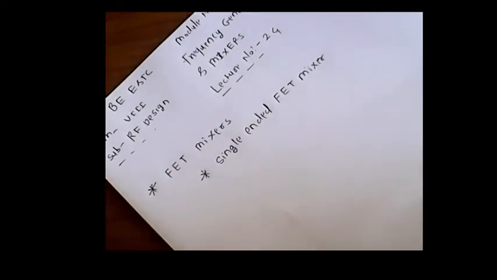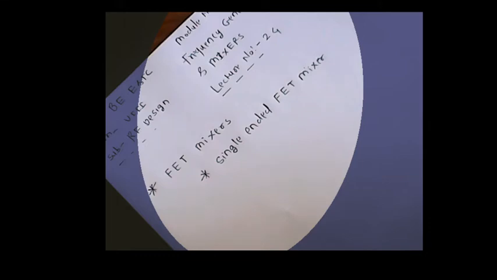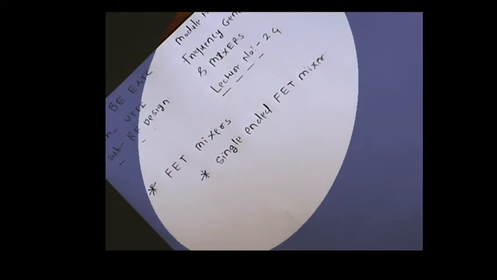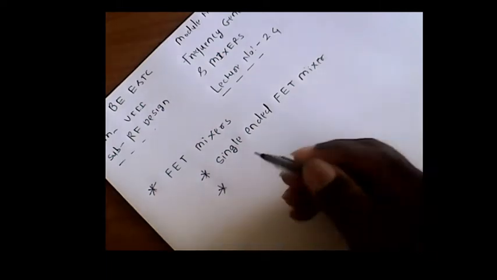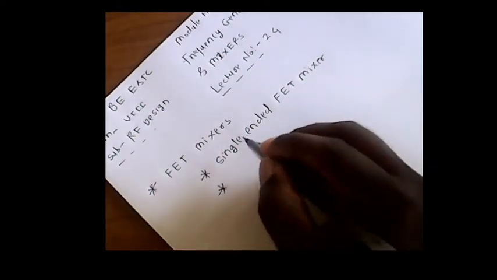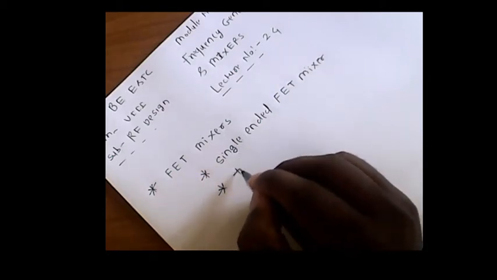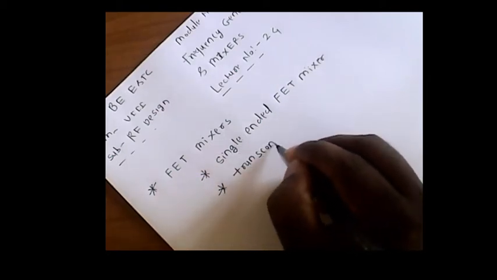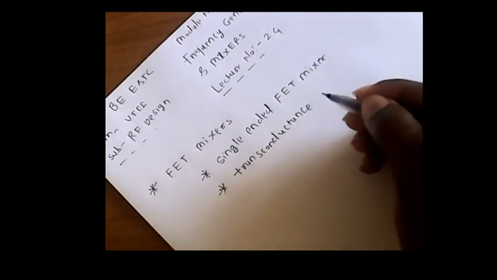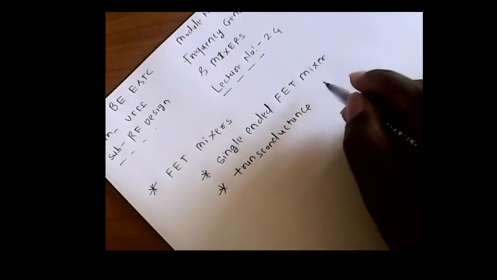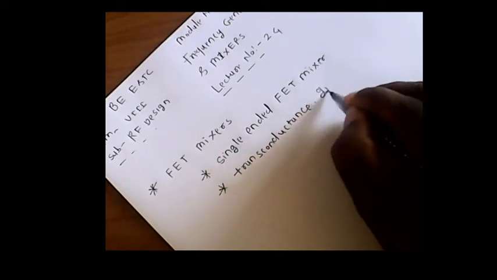There are several parameters which offer the non-linearities that can be used for mixing. The strongest parameter of the FET which offers the non-linearities is the transconductance, denoted by GM.